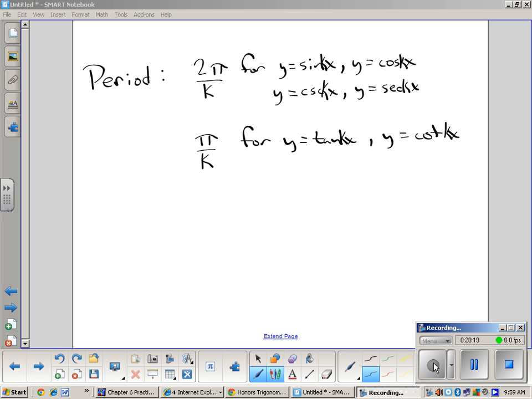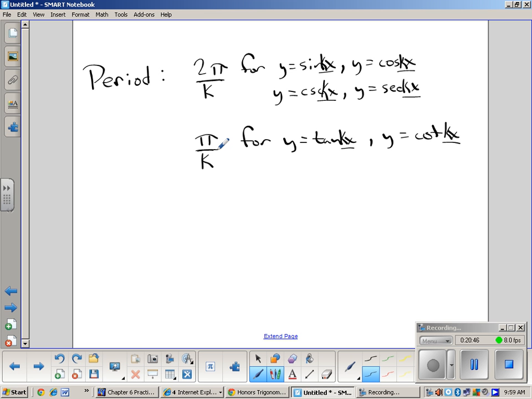When you put a k in front of the variable, as I did after the fact here, the waves are kind of squeezed together. That changes our period from 2 pi over k for sine, cosine, secant, and cosecant, and pi over k for tangent and cotangent.